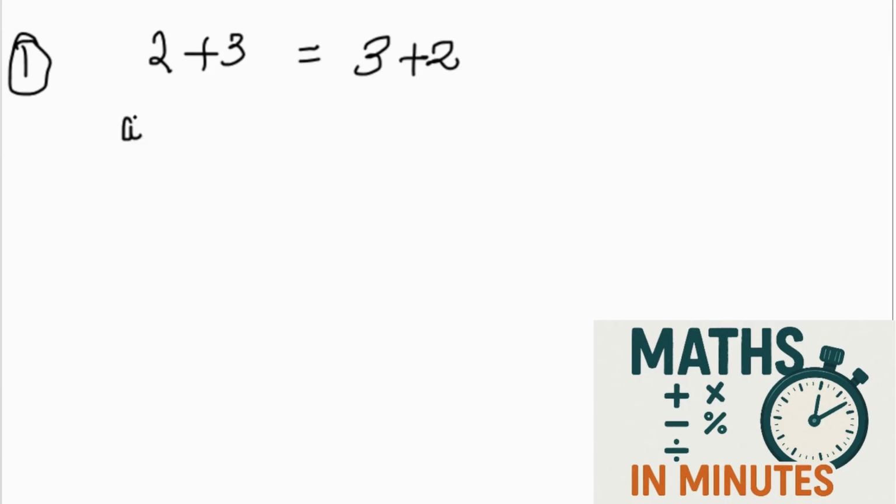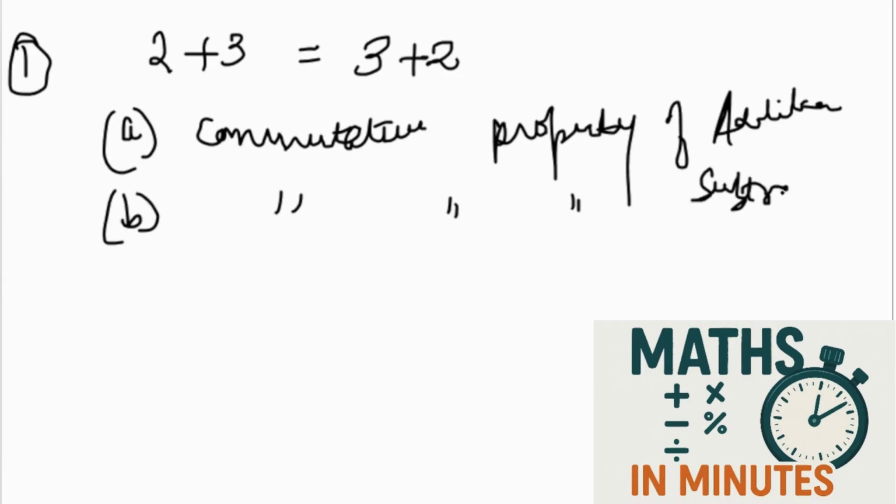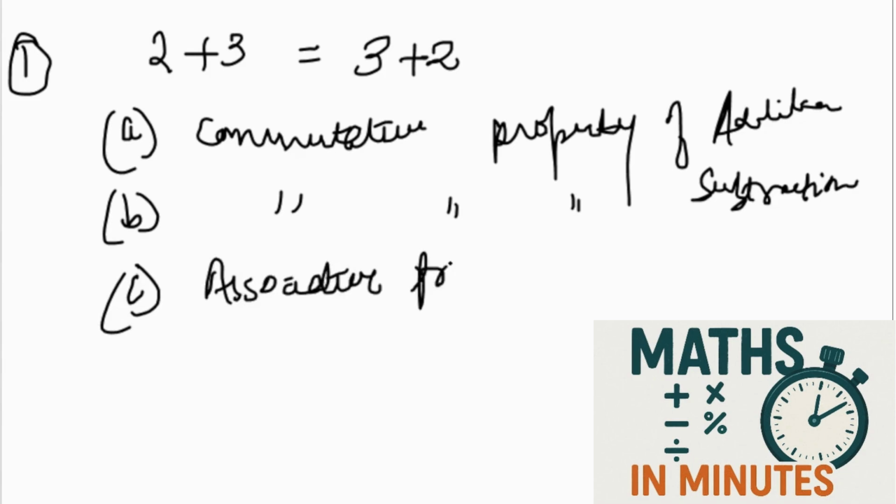Your options are: first, commutative property of addition, second is commutative property of subtraction, third is associative property, and fourth is distributive property.